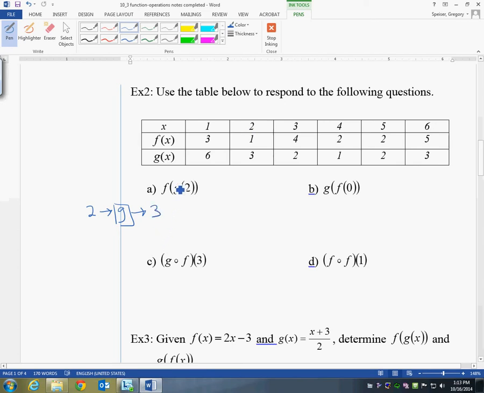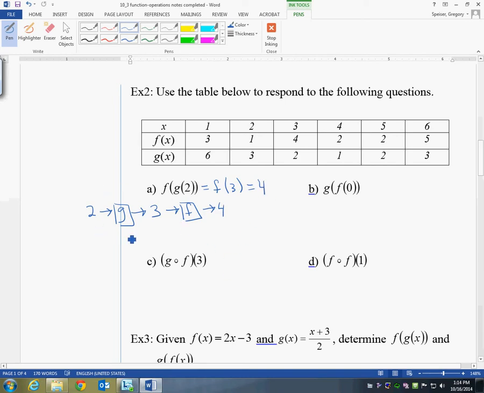Okay, so at this point I know that g at 2 is equal to 3, so I can plug it in like that. Okay, now this 3 is my new x, and I would say when I plug that into my function f, what comes out? When I plug in a 3, a 4 comes out. So that is equal to 4.